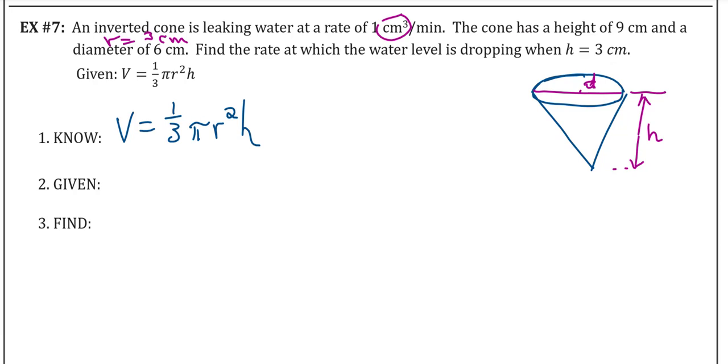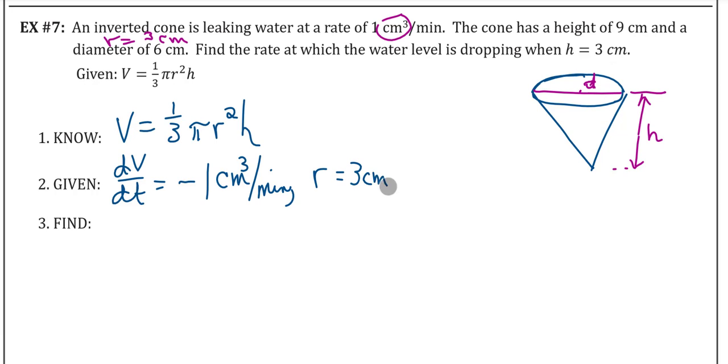We are given that we have dV dt, which is, and it's leaking, so the volume's getting smaller, -1 cubic centimeter per minute. We also have a radius of 3 and a height of, so I'll call that R0 and H0, a height of 9 centimeters.